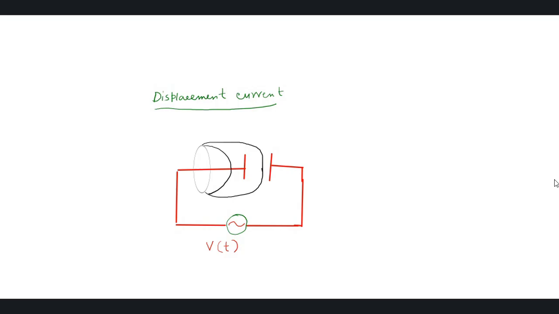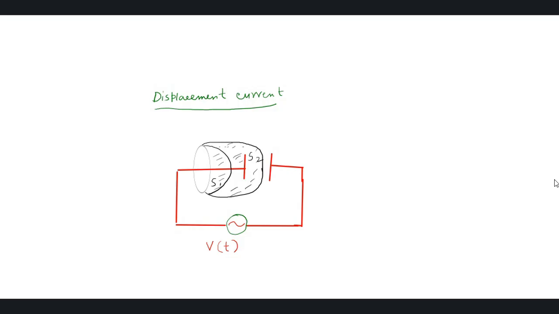So let's say this surface be S1, and this surface, which is a different one, which is enclosing the separation between the two plates, be S2. This same contour is bounding these two surfaces.